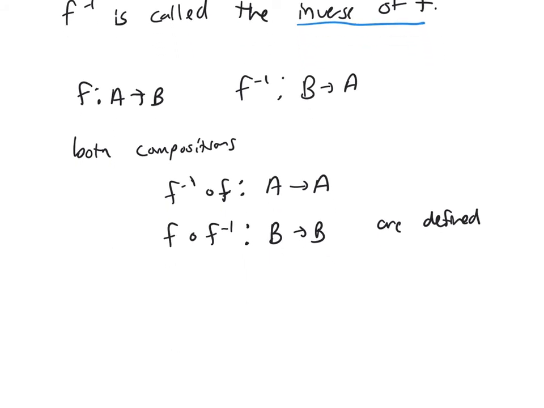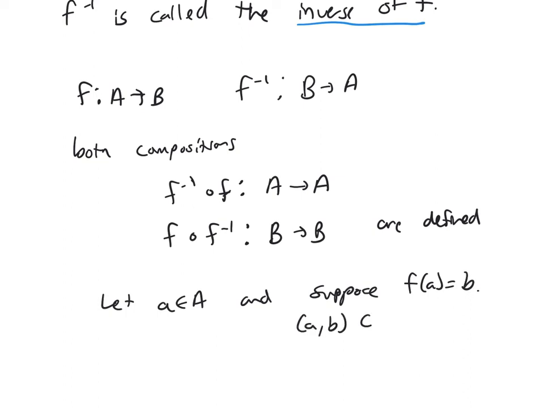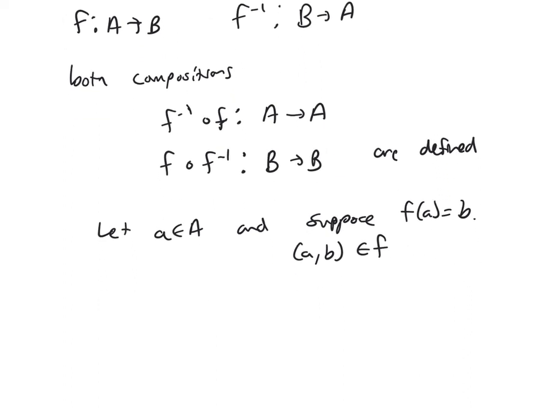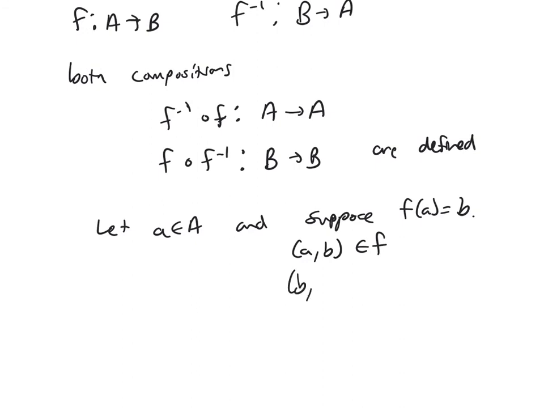And remember how the inverse works. Let's suppose a is in A, and suppose f of a equals b, then this pair (a, b) would be in f, which means if I flip it, (b, a) would be in f inverse. So we could write f inverse of b is equal to a.